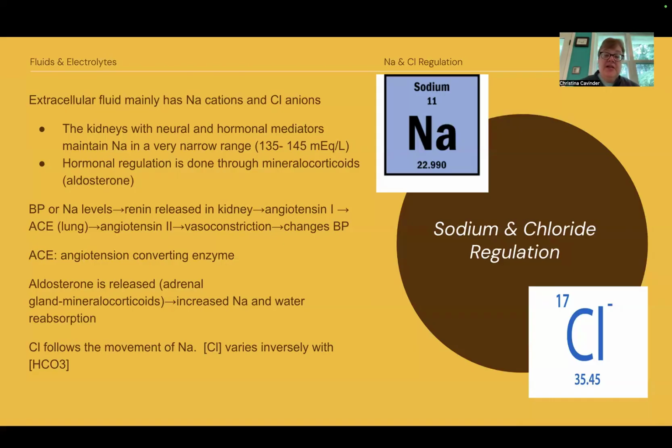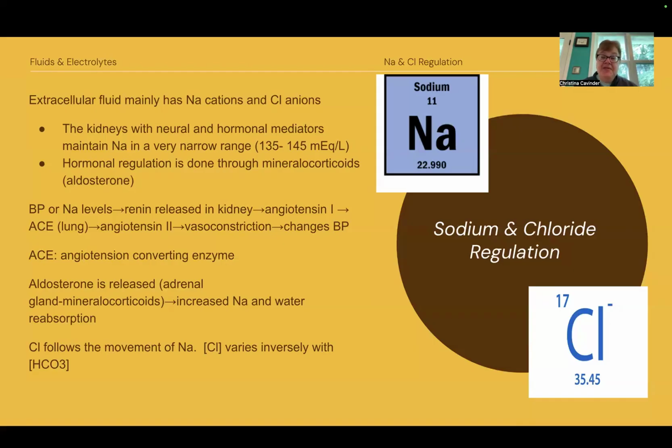So hormonal regulation is done through the mineral corticoids. The main one is aldosterone. This is secreted from the adrenal gland, which is the best organ in the body. I think it's just an amazing organ. It does a lot of things. So one of them is it secretes mineral corticoids, and aldosterone is the big one.